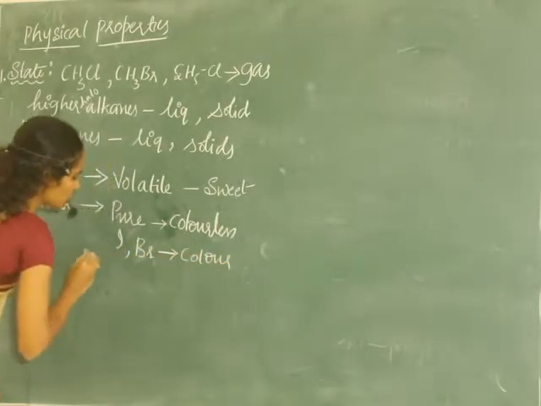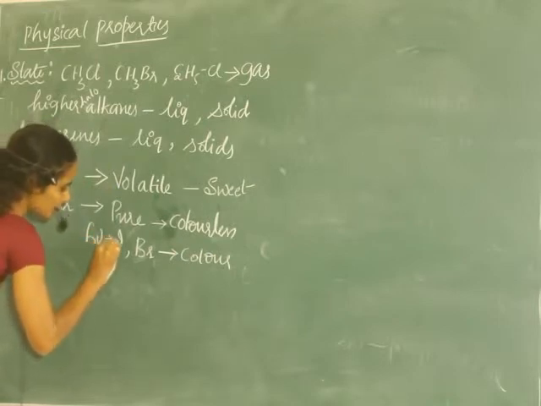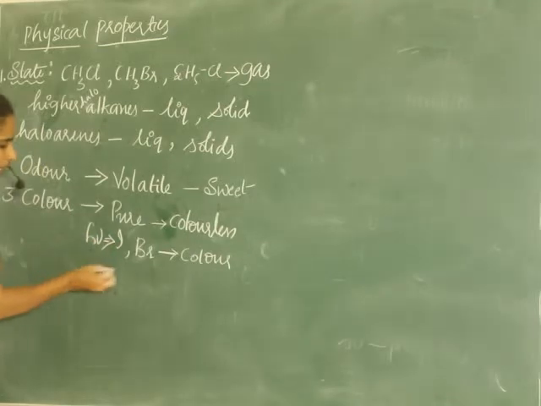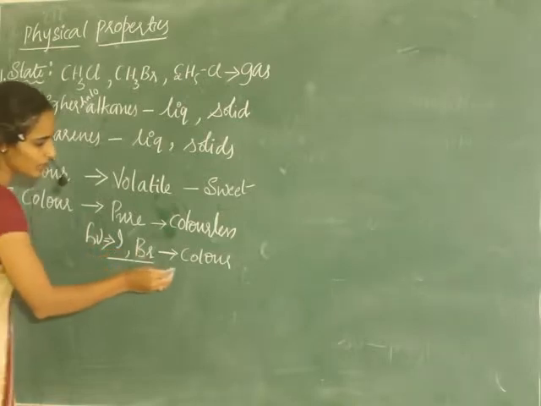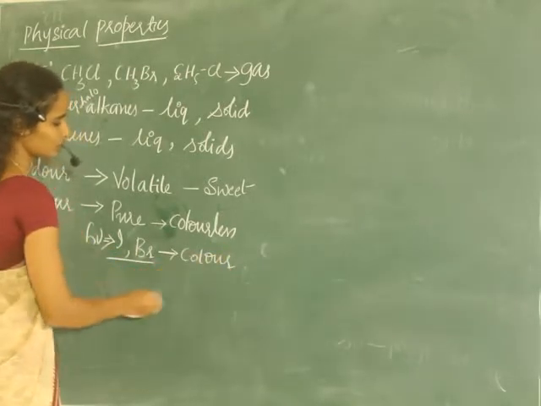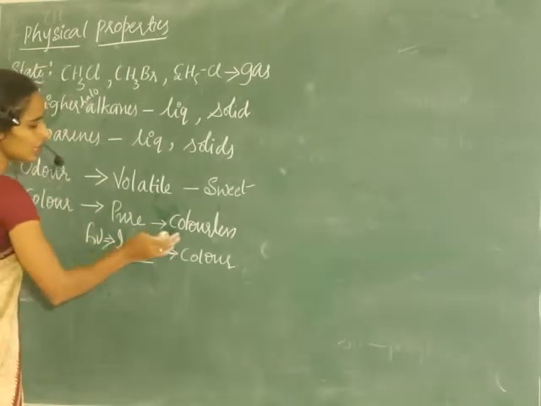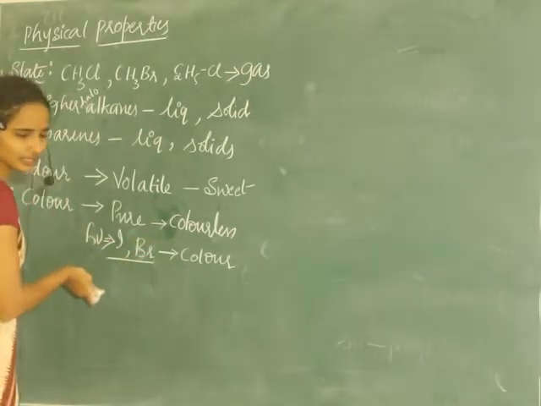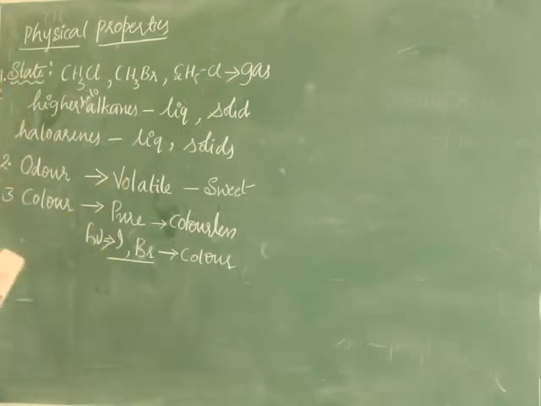If these compounds are exposed to sunlight, alkyl iodides or alkyl bromides impart color. Otherwise in pure state, alkyl halides are colorless, and bromides and iodides give color on exposure to sunlight. This is about state, odor and color.